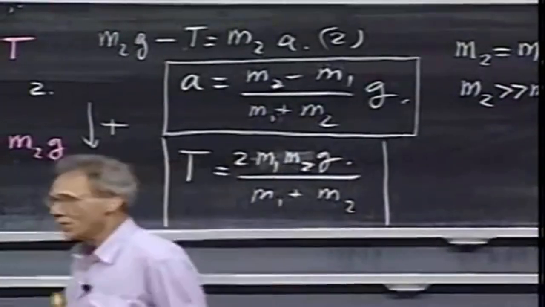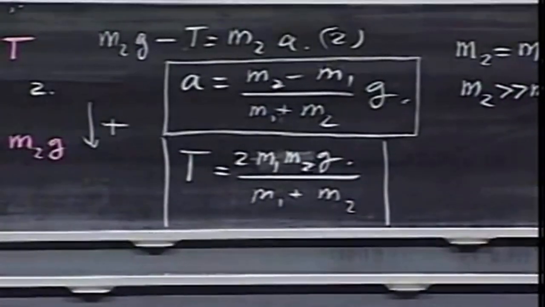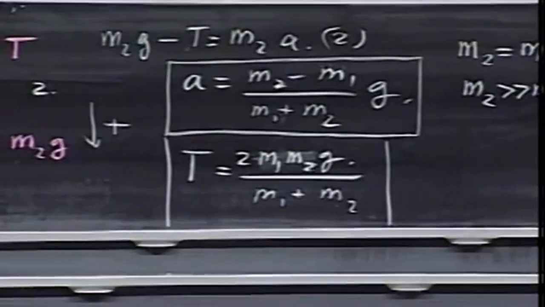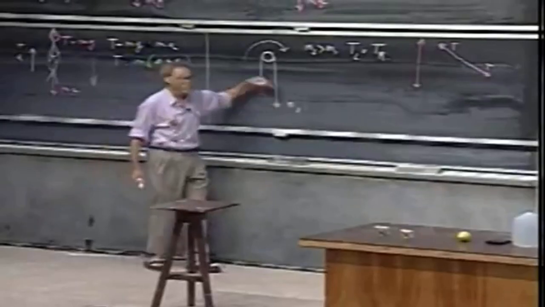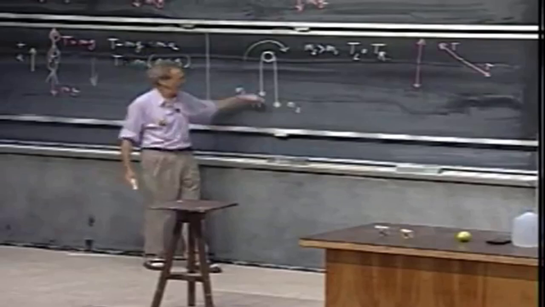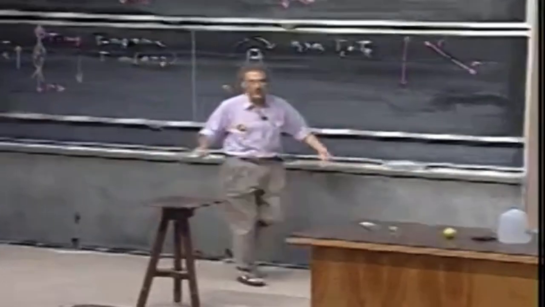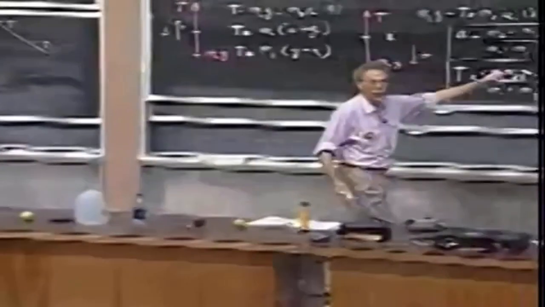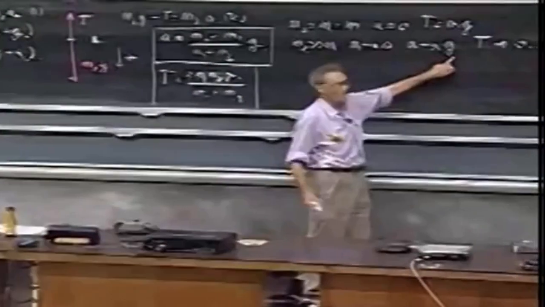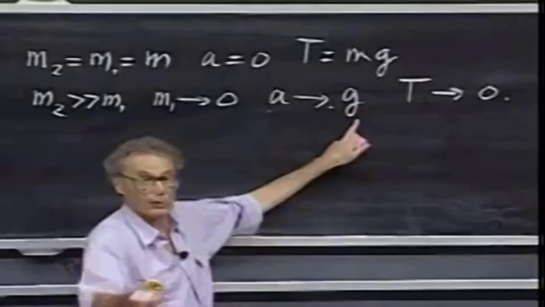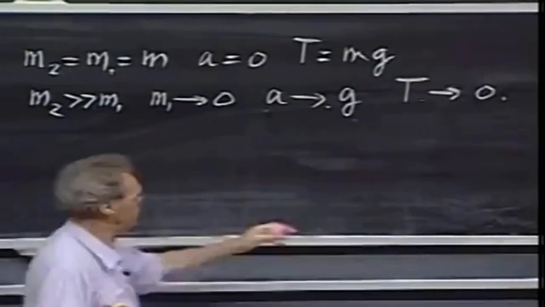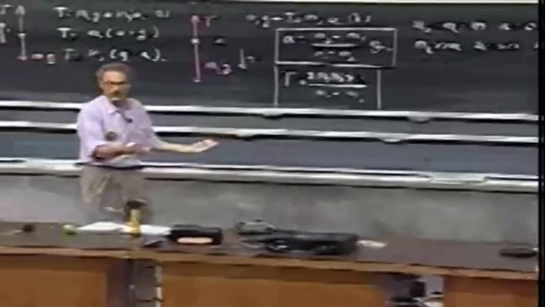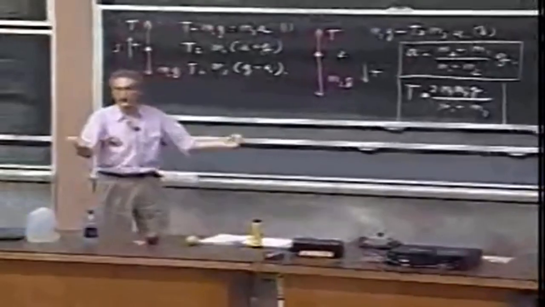That is obvious, because if I make m1 0, m2 goes into free fall. And if m2 goes into free fall, its weight is 0, and so the tension is 0, and that's exactly what you see. And the acceleration of that object is g, which it better be, because it's in free fall. So this makes sense. This is exactly consistent with your intuition.